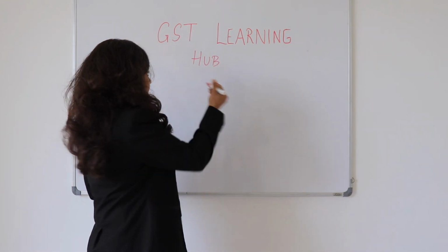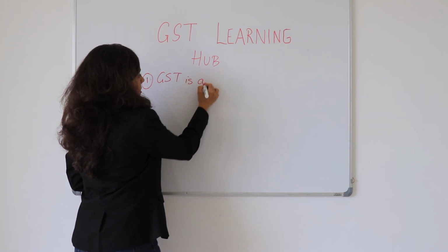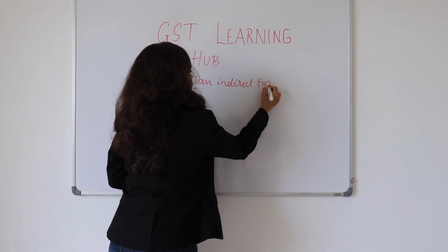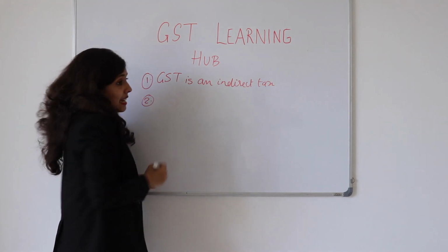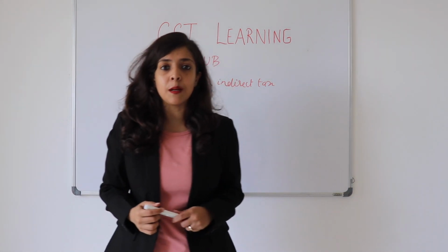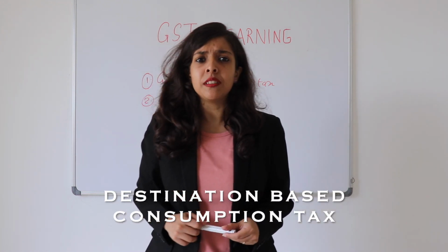So the first thing is that GST is an indirect tax. Secondly, GST is a destination-based consumption tax. What do you mean by destination-based consumption tax?